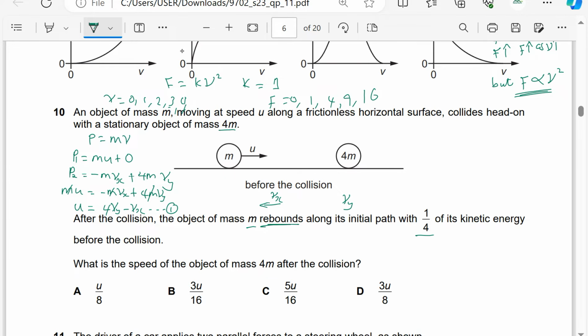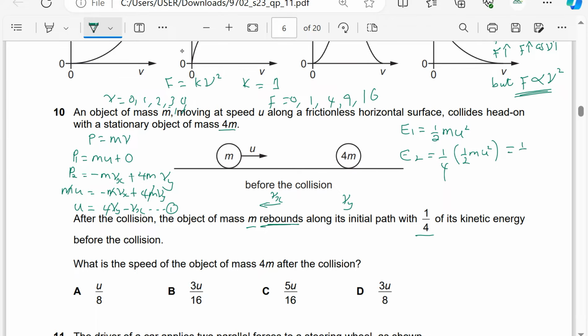Now let me consider kinetic energy. Before the collision, the mass m has kinetic energy, which I'm going to call E1, is going to be a half m u squared. After the collision, they have told us that its kinetic energy is a quarter its initial kinetic energy. So after collision, its kinetic energy E2 is a quarter of a half m u squared. But kinetic energy after collision is also a half m Vx squared, because its velocity after collision is Vx.